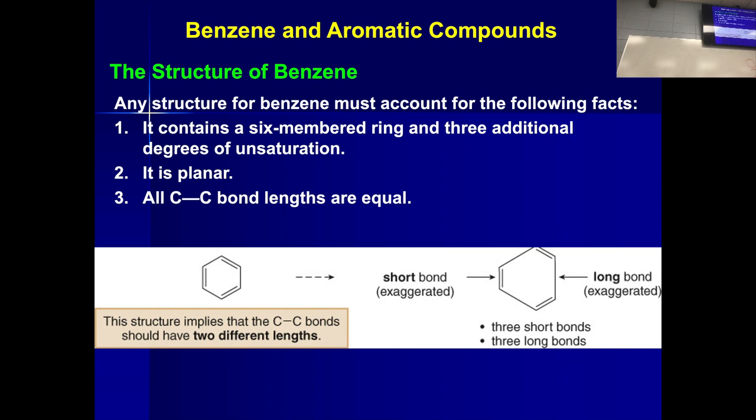Right, and what do we know about single bonds versus double bonds in terms of their length? Which one's longer, a single bond or a double bond? Single bond. A single bond should be longer than a double bond, right? And so benzene should look like a short double bond, a long single bond, a short double bond, a long single bond, a short double bond, a long single bond.